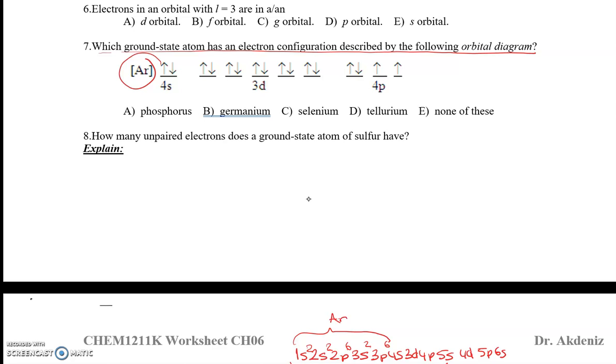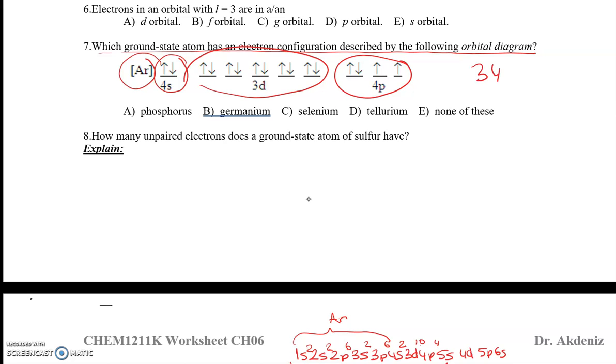And also I've got 4s right there, 3d, 4p. So let's count how many electrons we have. We've got 2 for 4s, and then we have 10 for d, and then I got 4 for p. Total: we have 18 from argon, and then 2 for s makes 20, and 34.